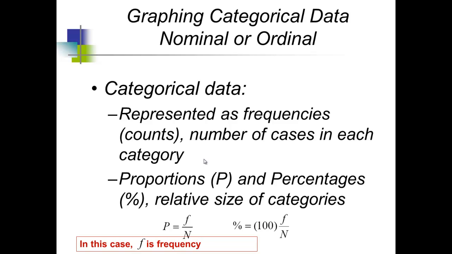So in our zombie example, we might have counts of zombies and counts of survivors. Okay, so there are 14 zombies in this particular neighborhood and only 2 survivors. And then if you do that, you can pull it up to a higher level and go to proportions and percentages, which are basically the relative size of those categories.